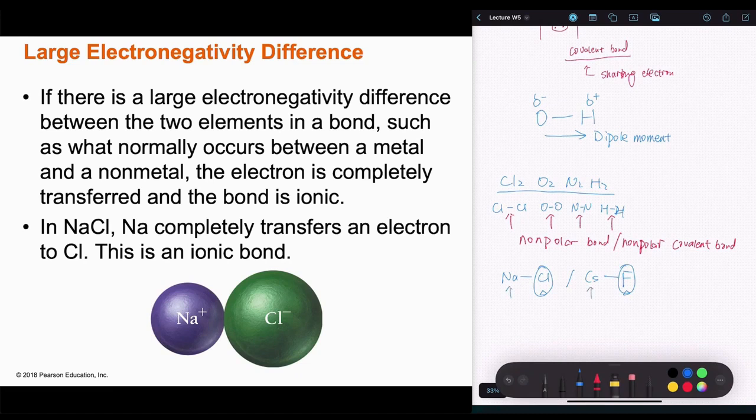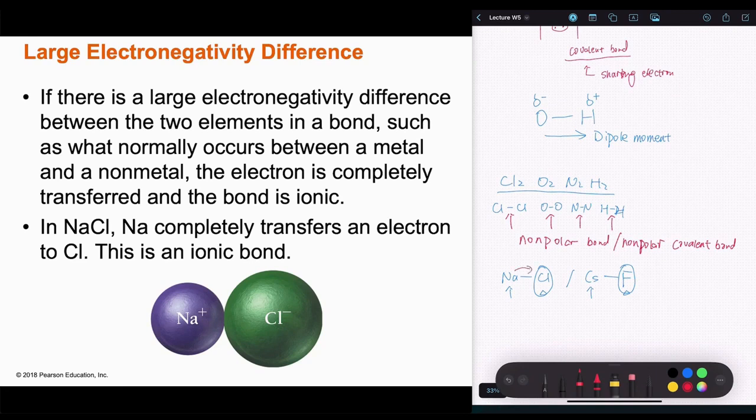Because the difference is so large, the electrons are completely dragged from the element with lower electronegativity to the element with higher electronegativity.